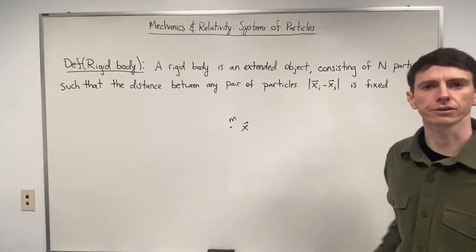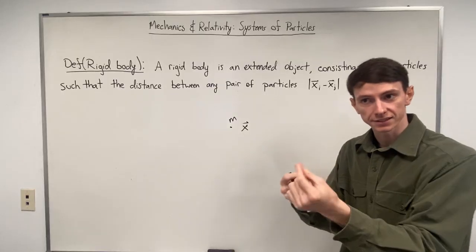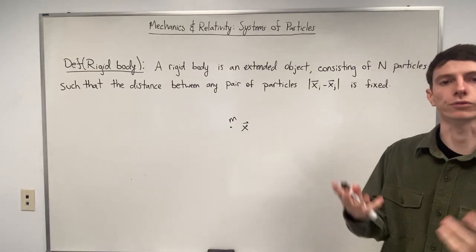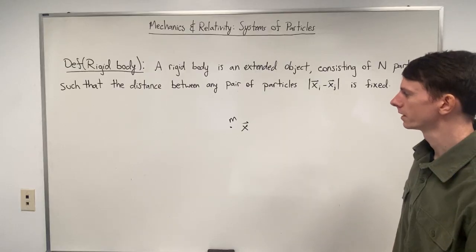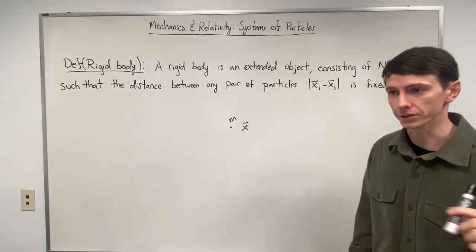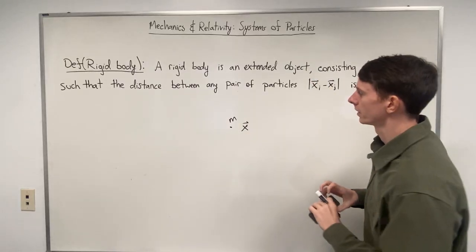And we've talked about the center of mass and how if you have just some object, you could find its center of mass and say that is the position of that overall object, right? So what I really mean is mathematically we've been treating everything as if it's a point particle.